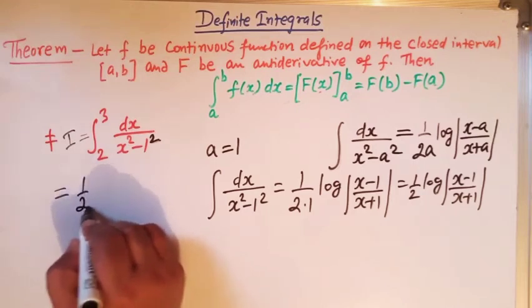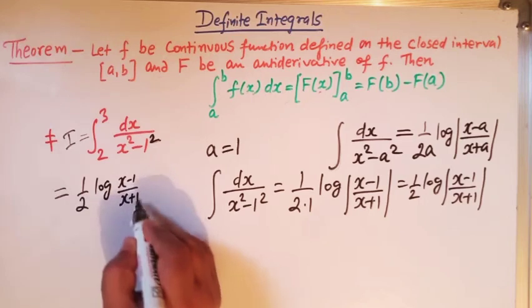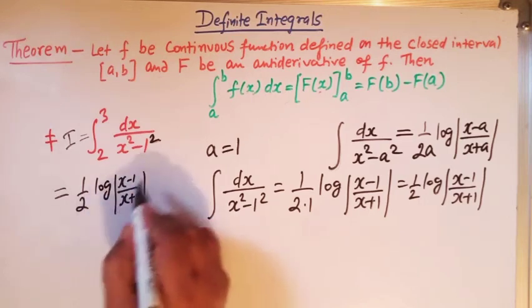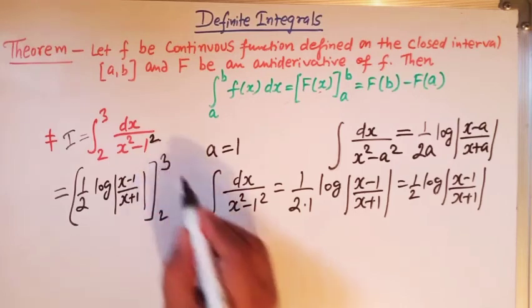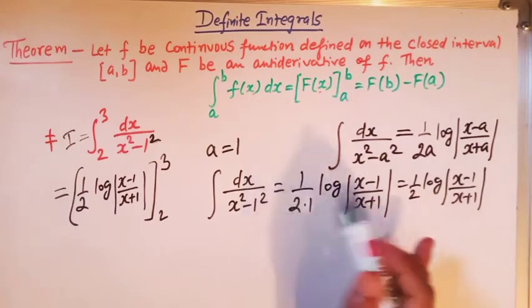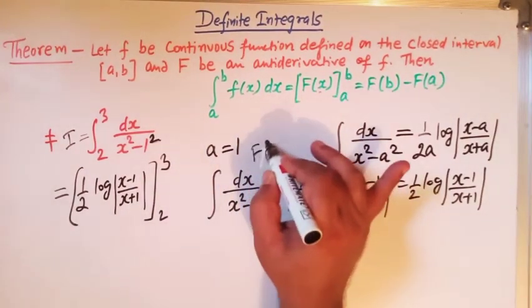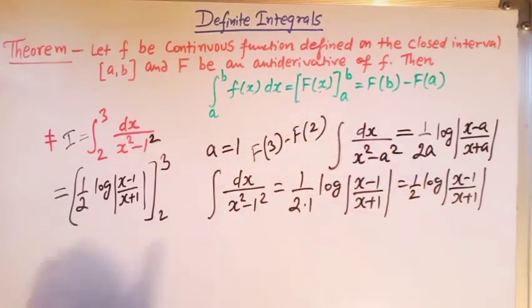So we have half log x minus 1 over x plus 1, and we have to find the difference in the values of that is F(b) minus F(a). So here in this case this is F(3) minus F(2), right?